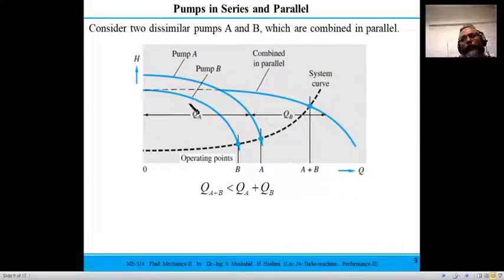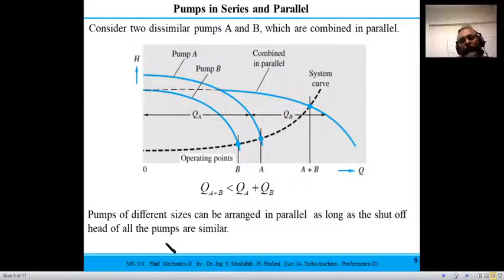For example, you see here pump A has a bigger head than pump B. But once we combine them in parallel, the maximum head you get is not the higher head of pump A; the combined head would be the head of pump B, which is a lower value than A. In parallel arrangements, the intention is to increase the flow rate, but your head goes to the lowest head available in A and B. In this case, it is the head of B. So the combined head would be somewhere here, and it cannot be more than the head of the smallest pump.